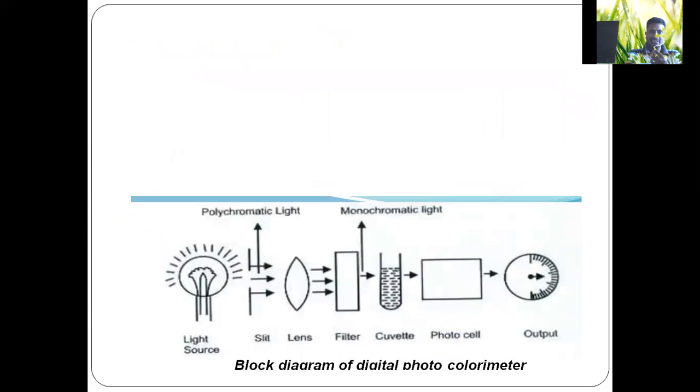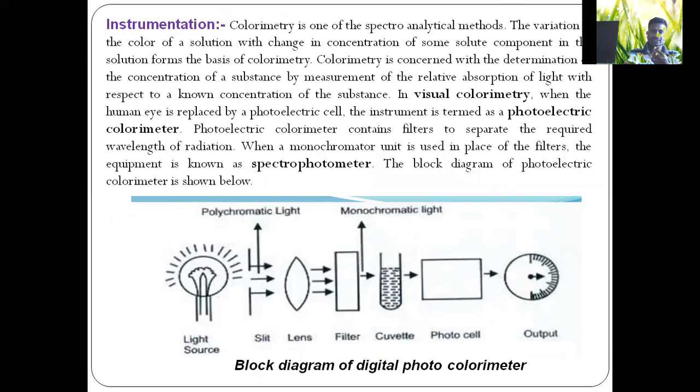Next, instrumentation. Under this, we have to draw this diagram. The light source is nothing but normal light. From the light, we get radiation through the slit, the radiation passes on to the lens, and the radiation coming from the lens passes on to the filter. This filter filters the required wavelength of radiation.